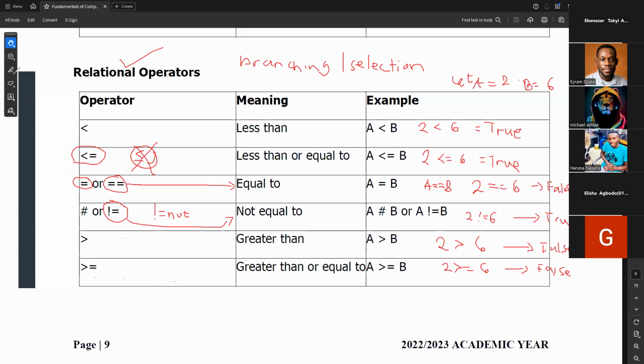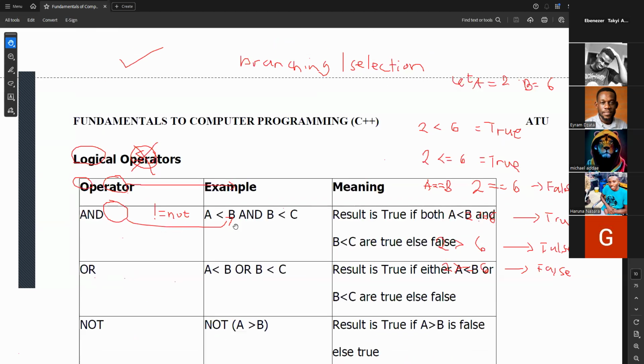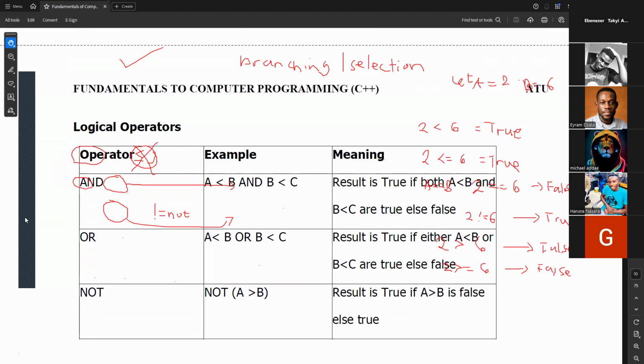All right. So I believe we all understand the relational operators and how they work. When we start writing our branching statements and also our loops, you will realize that we'll be using these relational operators a lot. Now, the next one we want to look at is what we call the logical operators.